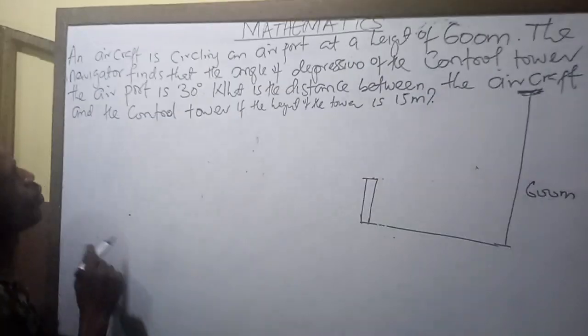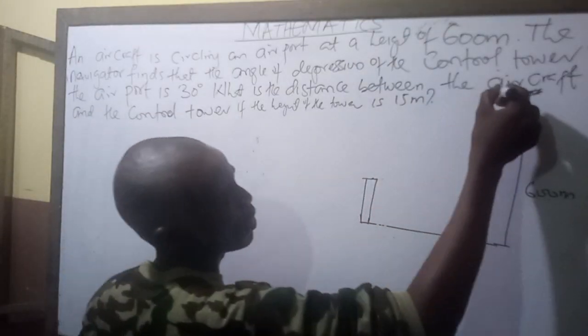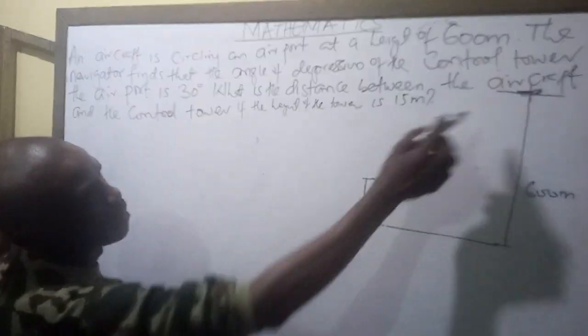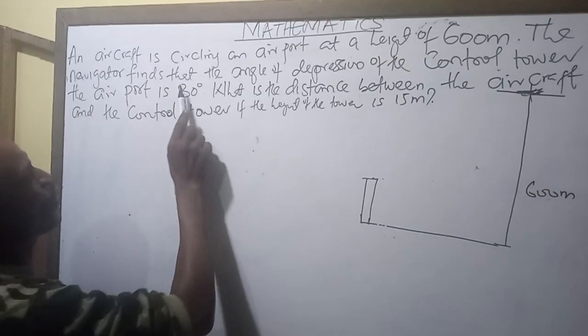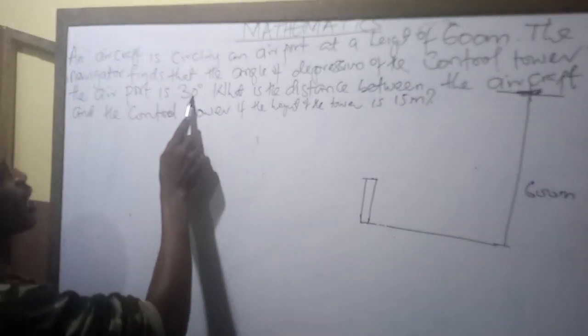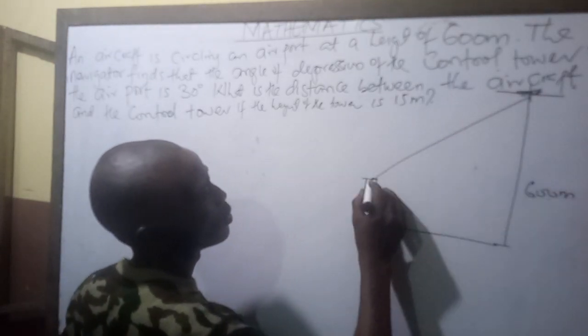Question now, the navigator finds that the angle of depression. Depression means the pilot looks at it here. The navigator finds that the angle of depression of the control tower of the airport is 30 degrees. Angle of depression to the tower.